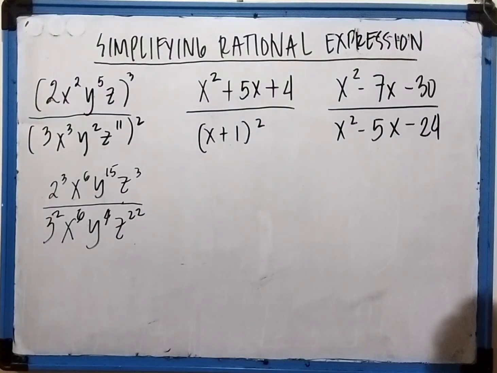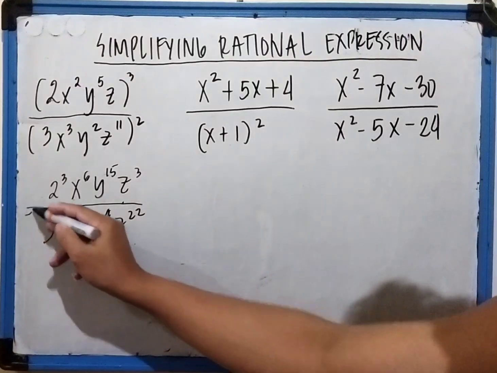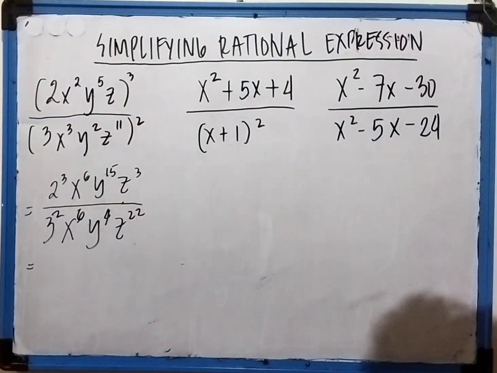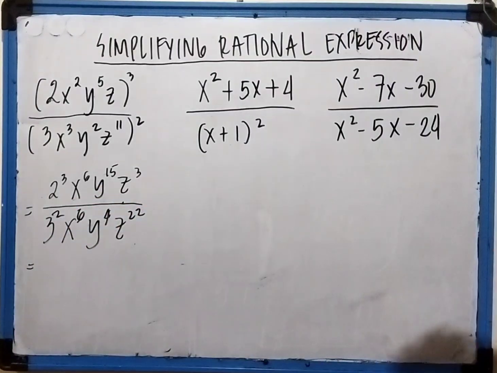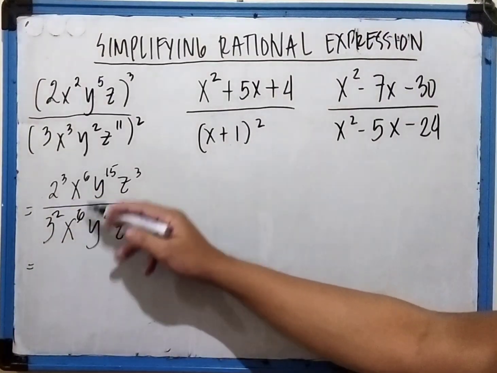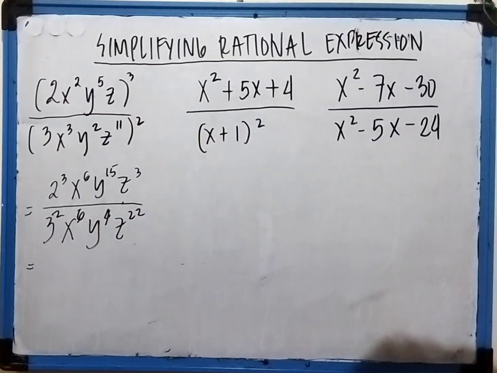So here, this is not our final answer because we are going to simplify it into its lowest form, especially the 2 numerical values, kung meron man. At the same time, yung mga variables natin, ang gagawin lang natin sa mga exponent nila is subtraction.